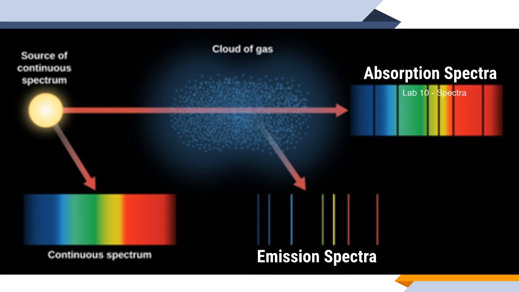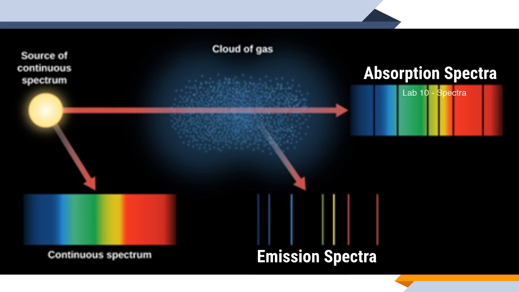So the cloud of gas gets its energy from the light source itself, and in the relaxation process, where the energy levels of the electrons in the outer shells drop down, it emits these specific lines, and that's why they call the emission spectra the bright line spectra.